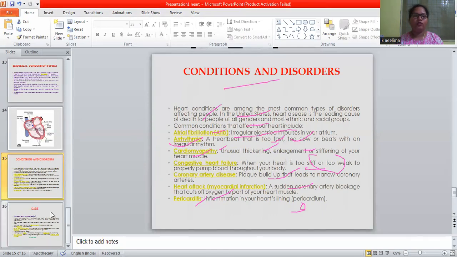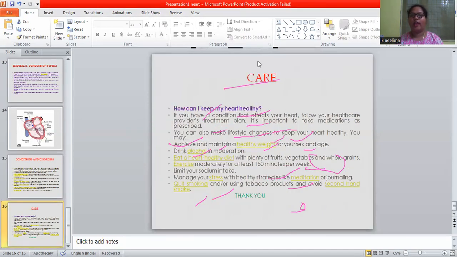We will move to the next topic, how to take care of our heart. How can I keep my heart healthy?